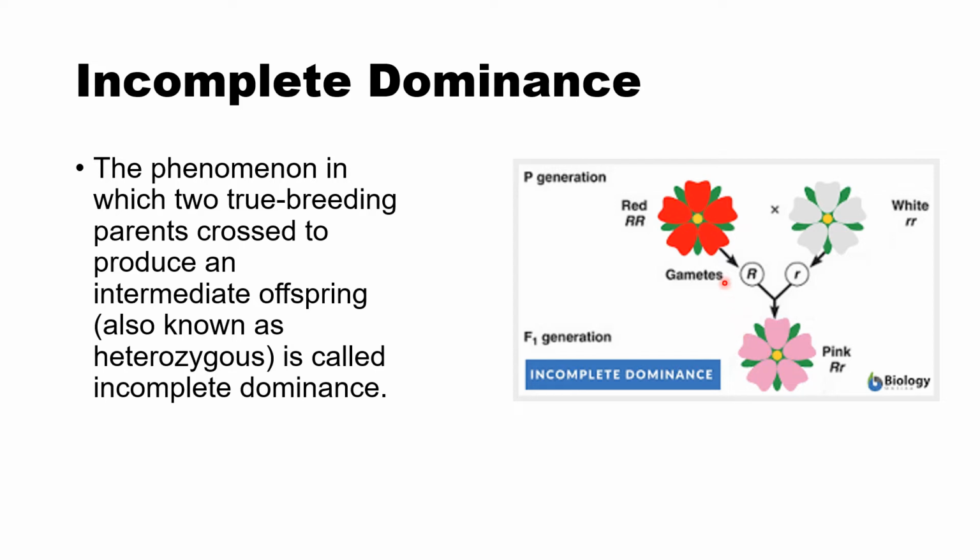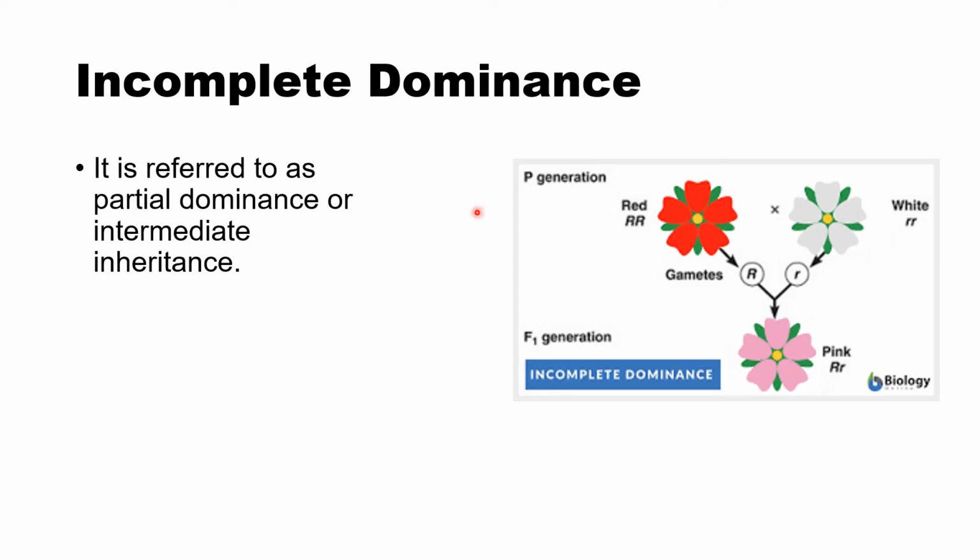Kasi yun yung trait, yung phenotype na dinidictate ng dominant na allele. Pero in the case of incomplete dominance, yung kalalabasan na ngayon is an intermediate between itong red color and itong white color, which is yung pink color na. So, it is referred to as partial dominance or intermediate inheritance.